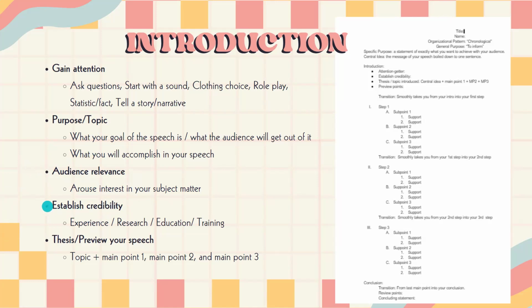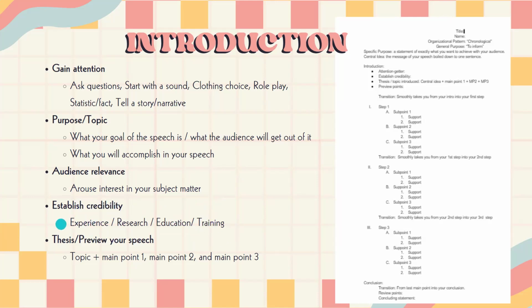Next, establishing credibility. This is your experience, the research you've done, the education you have, the training you've done. Maybe if I was teaching you how to do a specific dance move, I would tap into my experience and my training.